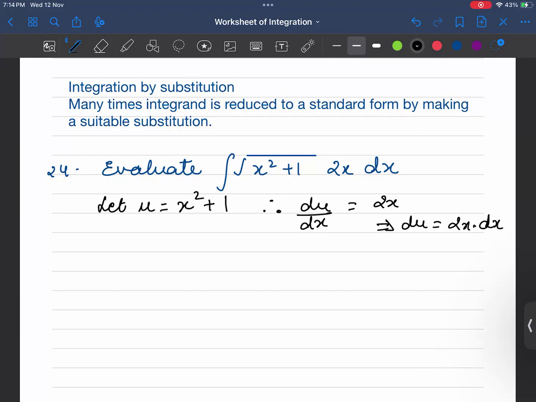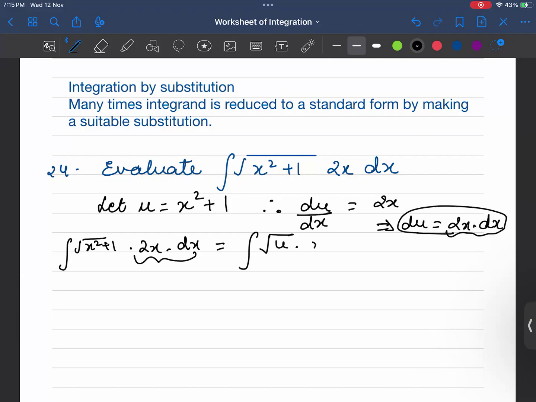Now we will substitute in the question. The question was the integral of the square root of x squared plus 1, times 2x dx. So for x squared plus 1, we can write under root u, and for 2x dx, which is equivalent to du, we can keep it like du.